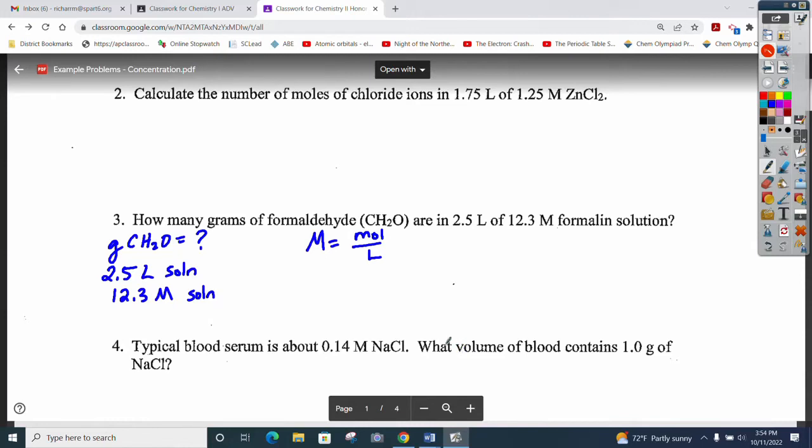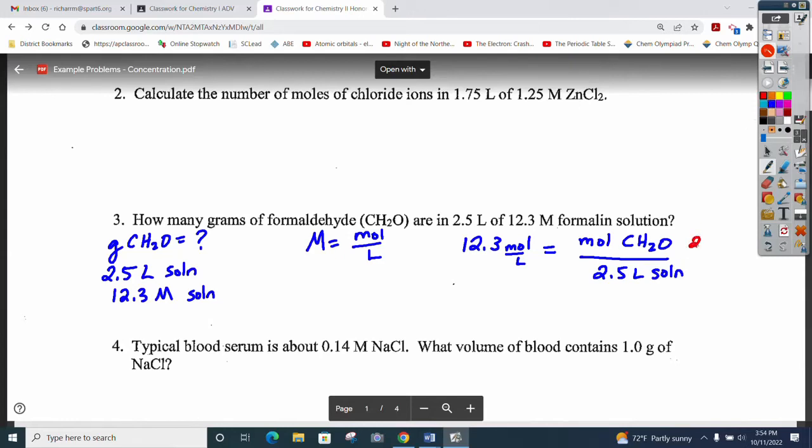If I look at what they give me, molarity. So I've got the 12.3 moles per liter is equal to, I don't know moles. My formaldehyde is my solute, and that formula is CH2O, over the 2.5 liters of the entire solution.